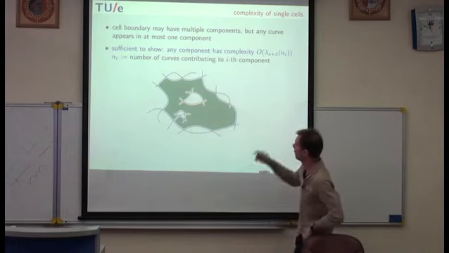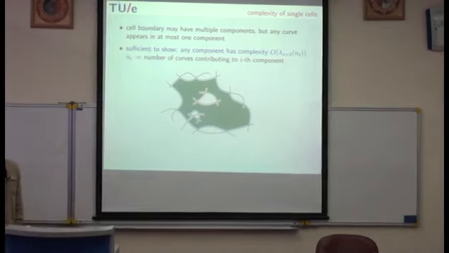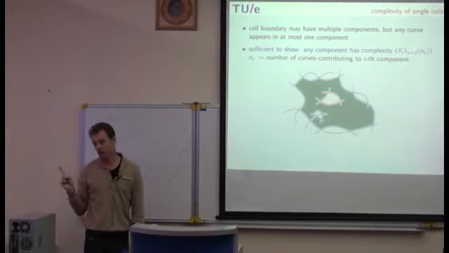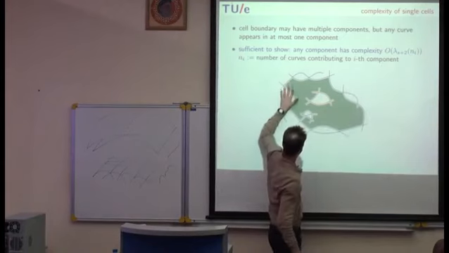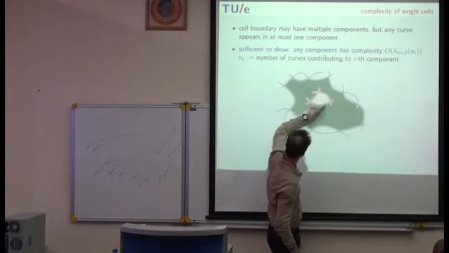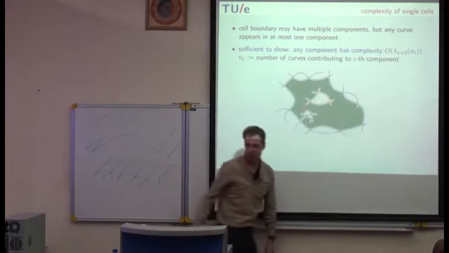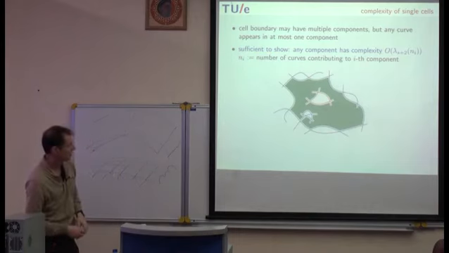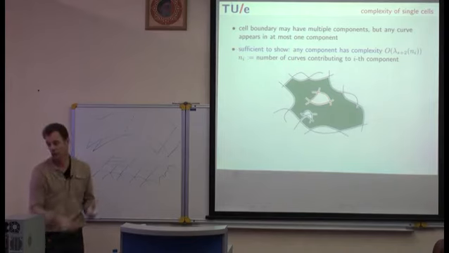Okay, so I'm going to look at the different components of the boundary, but for now I'm only going to look at one component and then simply say, well, if I can prove something for this component, for the outer one, then maybe here for the outer face I can prove the same thing, and here I can also prove the same thing, and then simply add all these things. And because a segment or a curve appears in only one of them, that's good.